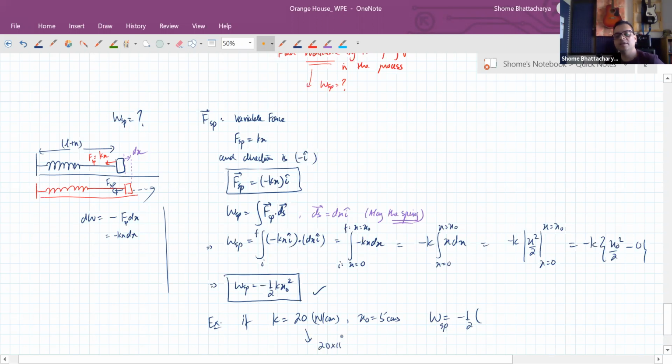So it will be 20 into 10 raised power 2 newtons per meter, and 5 into 10 raised power minus 2 meters. So this much in joules. So as you can see, that will become minus of 5 into 10 raised power minus 1 or minus 0.5.